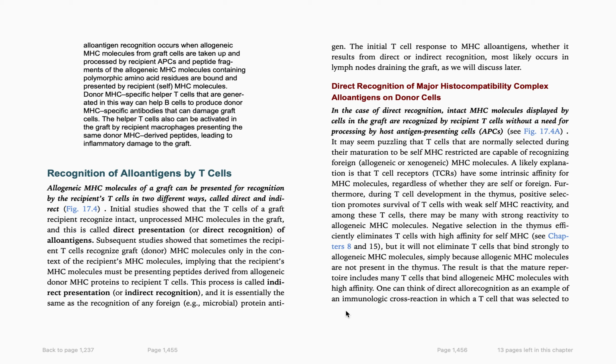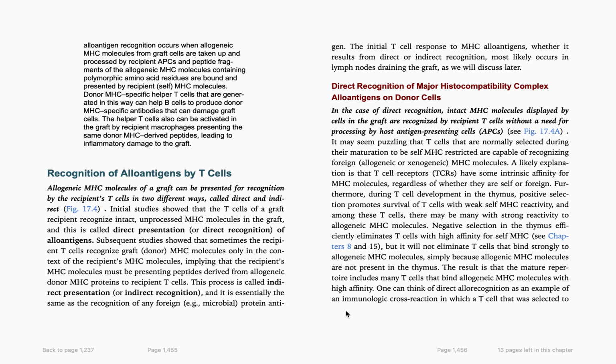Negative selection in the thymus efficiently eliminates T cells with high affinity for self-MHC, as already discussed in chapter 8 and chapter 15. But it will not eliminate T cells that bind strongly to allogenic MHC molecules, simply because allogenic MHC molecules are not present in the thymus. The result is that the mature repertoire includes many T cells that bind allogenic MHC molecules with high affinity.